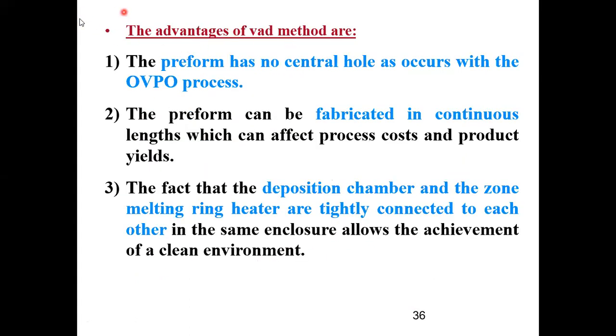Okay, now what is the advantage of VAD method is, just see, I had explained you the outside vapor phase oxidation. Now outside vapor phase oxidation में क्या हो रहा था, एक central hole था. Okay, and later on that hole was collapsing. Okay, that is something regarding the process. But अगर मेरे पास एक rod, I give you two rods.